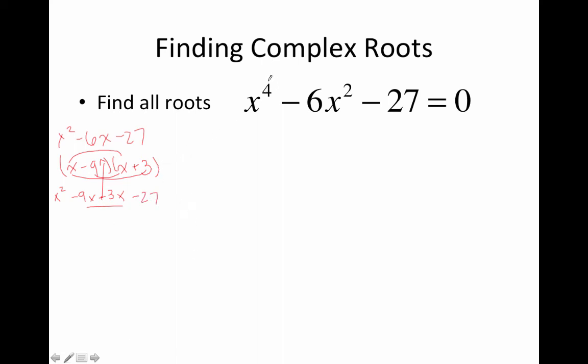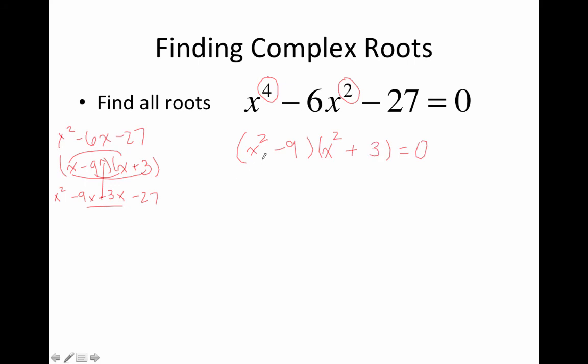When you see a trinomial, 3 terms, where the highest power of x is even, like 4, and the middle term's power is half the first term, so that's where it's 2, you can factor this exactly like we just did off to the side here, except instead of putting x and x, I'm going to put x squared and x squared minus 9 and plus 3.